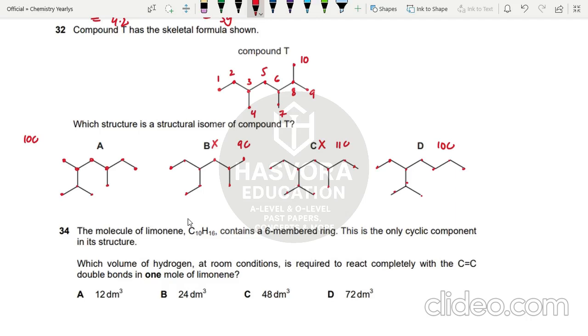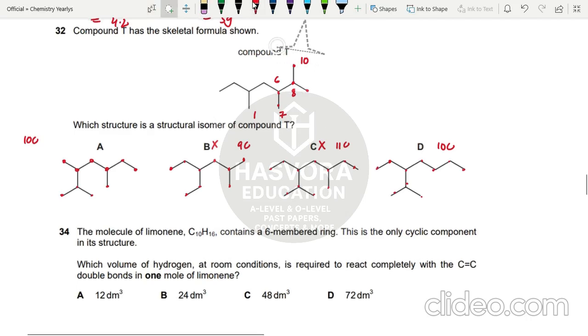Now let's first of all name this structure, compound T. Let me just remove this. If we start naming from the branch structure, it will be according to this.